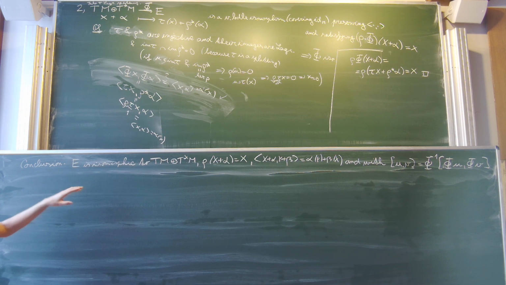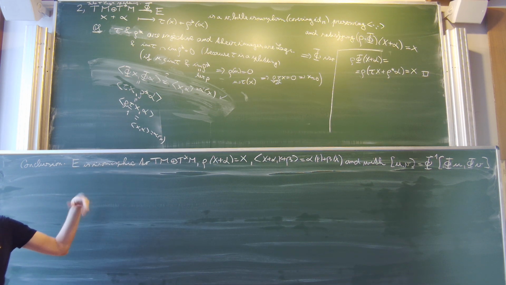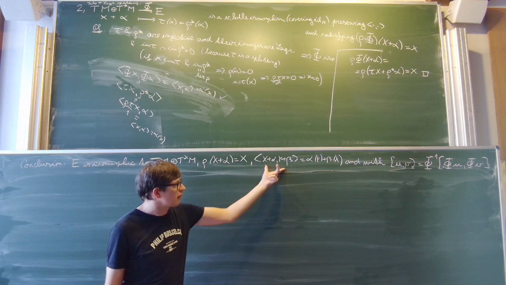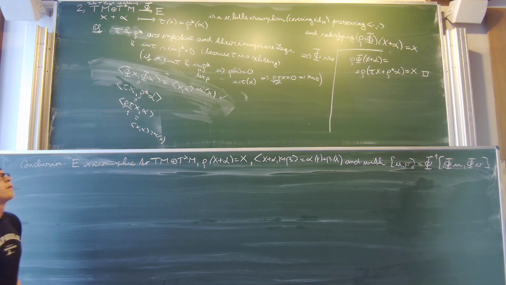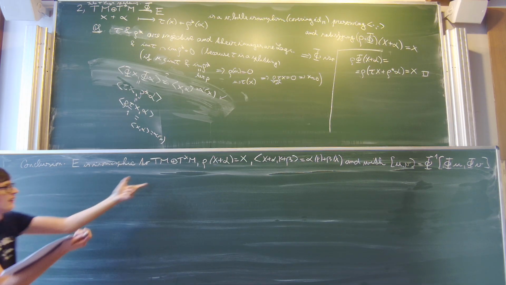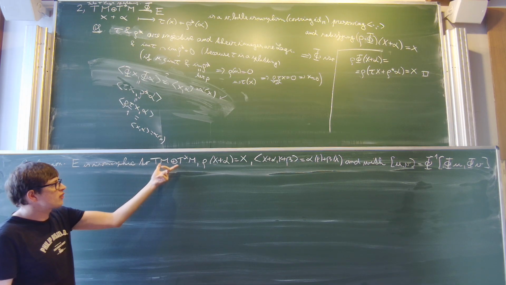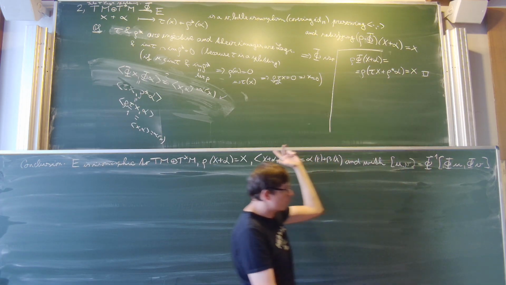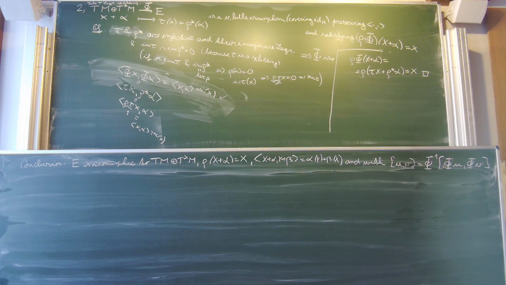I know that every Courant algebroid is isomorphic, using an isomorphism covering the identity, to this guy with this anchor and this pairing. So there is a vector bundle map that does this. I just use the vector bundle map to bring the bracket to that guy, and by construction this thing with this bracket is isomorphic to the original E.